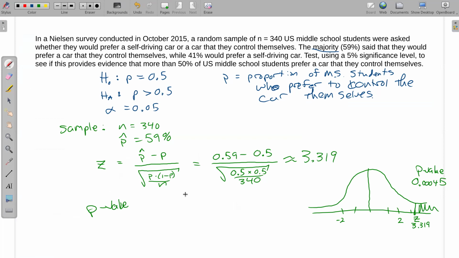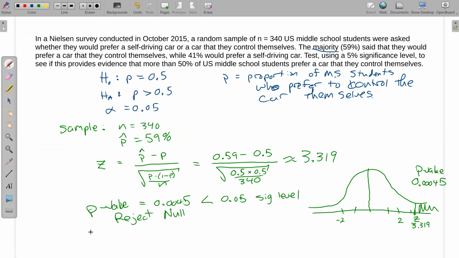A spreadsheet can do this also. I've shared a spreadsheet with you; I'll put that in the description of this video. If you want to use the spreadsheet instead, it'll give you a similar p-value. And anytime the p-value is less than the significance level, we are going to reject the null, which means the data supports the alternative.